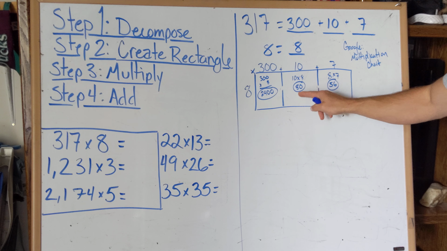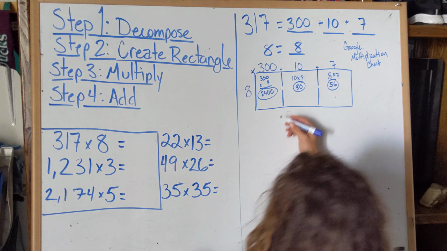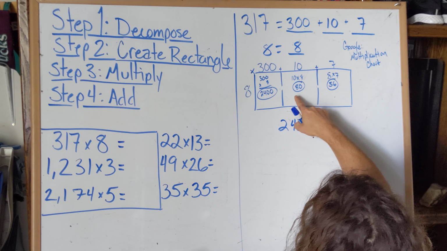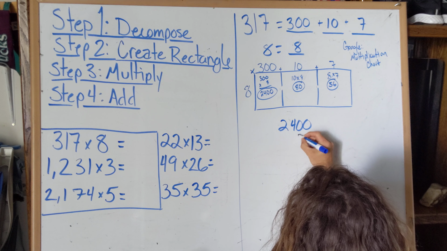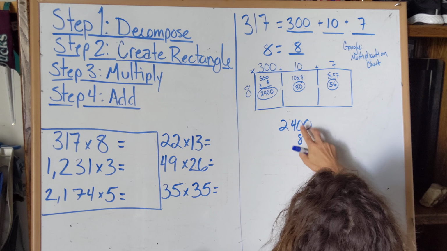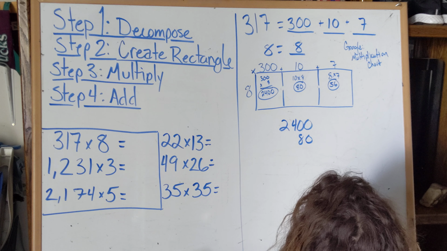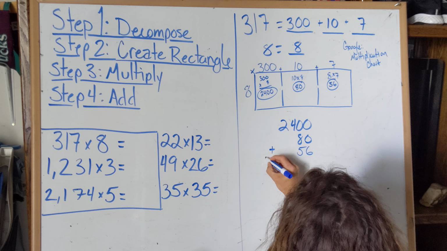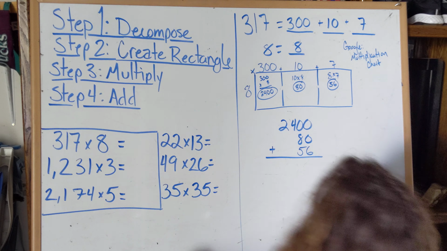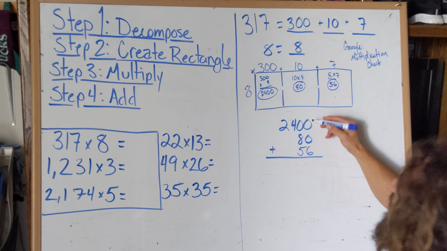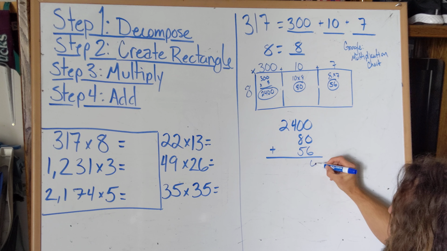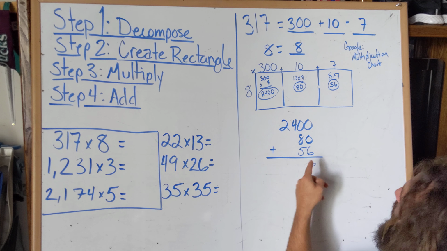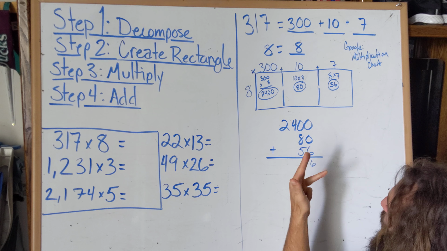All I'm going to do is add my circled numbers. So I'm going to add 2,400 plus 80. Remember to line up your place values. And then I'm going to add 56, plus symbol, equal symbol. Notice that all of these are nice and vertical. 0 plus 0 plus 6 gives me 6. 0 plus 8 is 8. 8 plus 5 is 9, 10, 11, 12, 13.